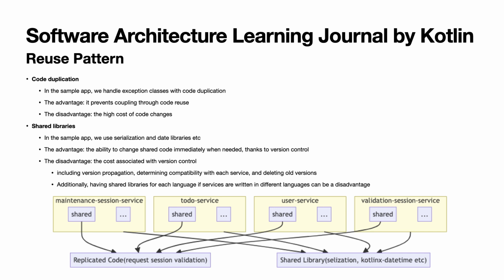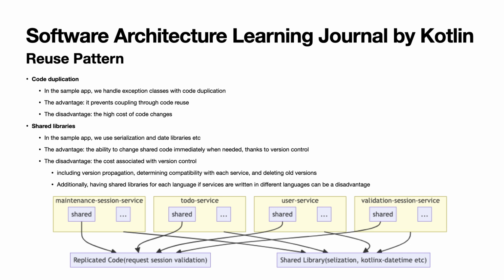The next approach is shared libraries. In the sample app, we use serialization and date libraries. The benefit of shared libraries is the ability to change shared code immediately when needed, thanks to version control.